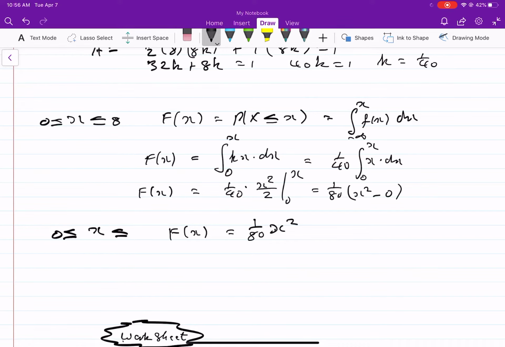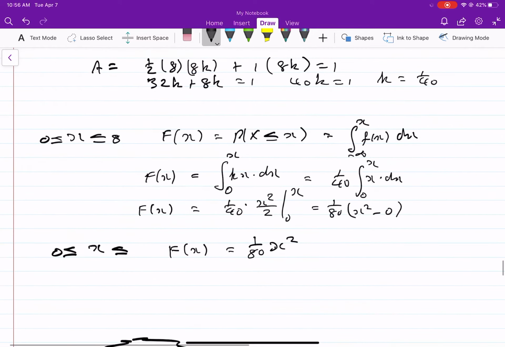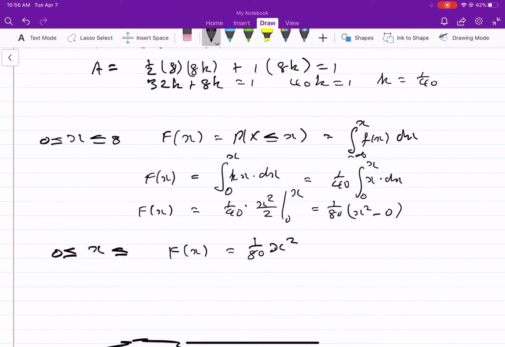Now, pay careful attention, this is where it gets a little technical. For x between 0 and 8, I have to find how much probability I have accumulated at the end of this range. And at the end of this range, x is 8.